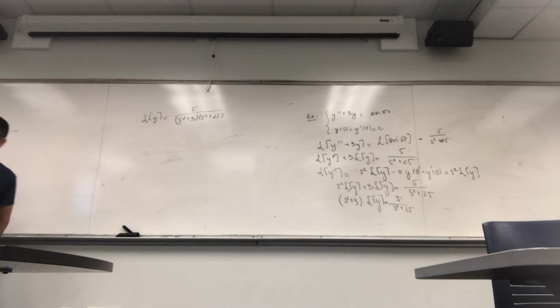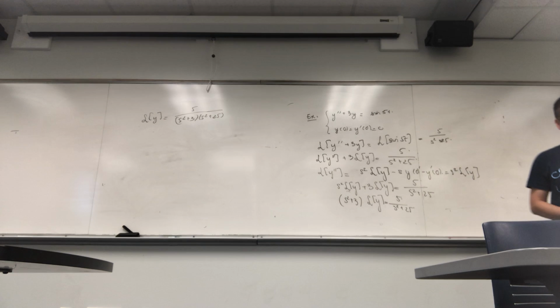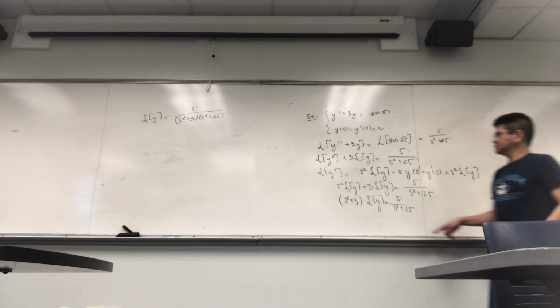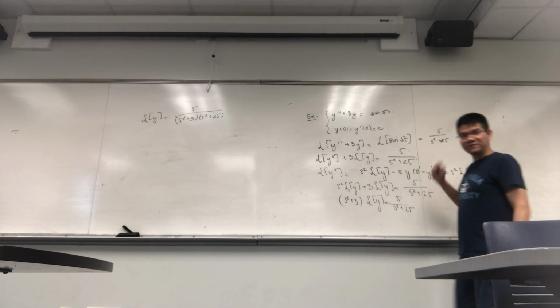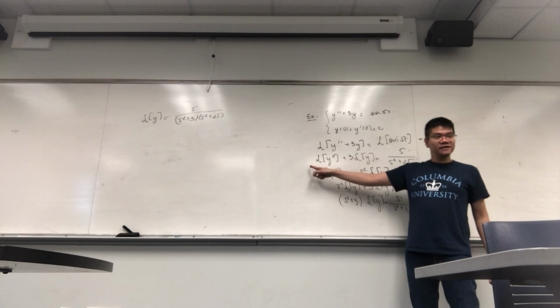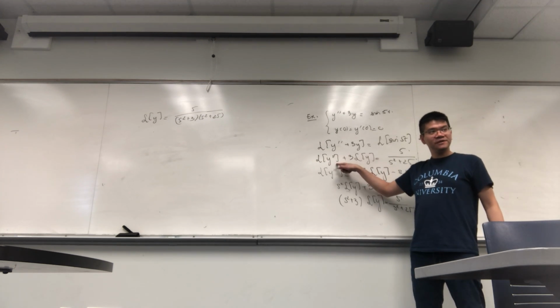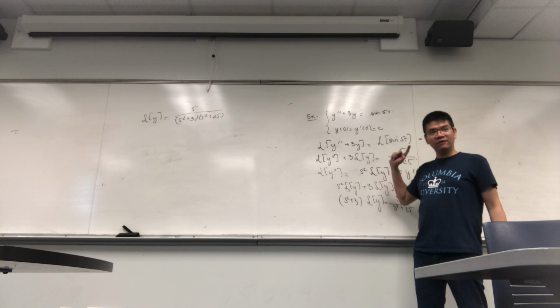I explain again. Here I take the Laplace transforms of both sides. The Laplace transform of sine 5t is 5 over s squared plus 25, all right? The left hand side is Laplace transform y second plus 3 times Laplace transform y, right?